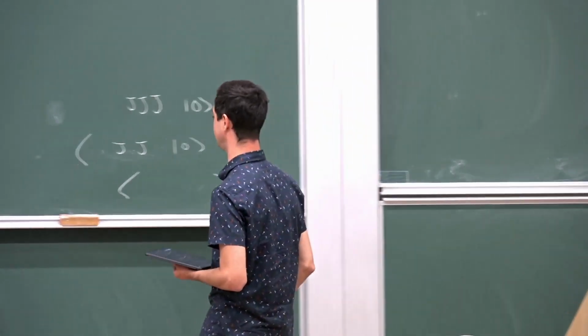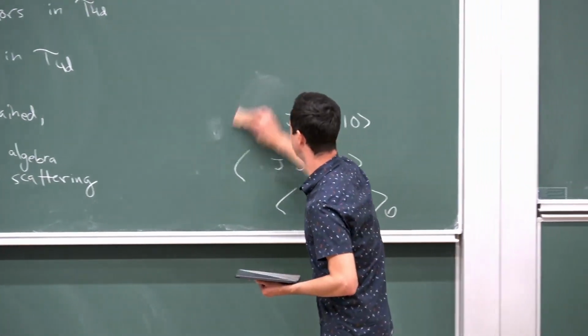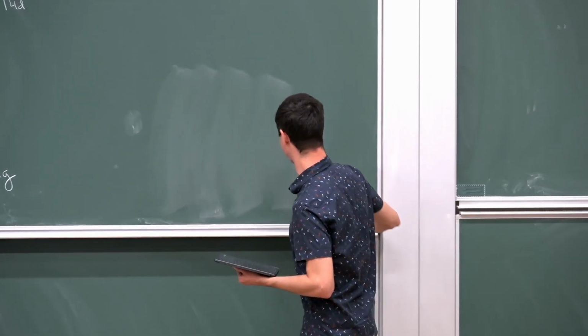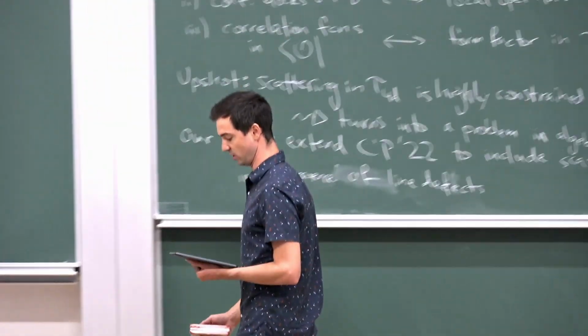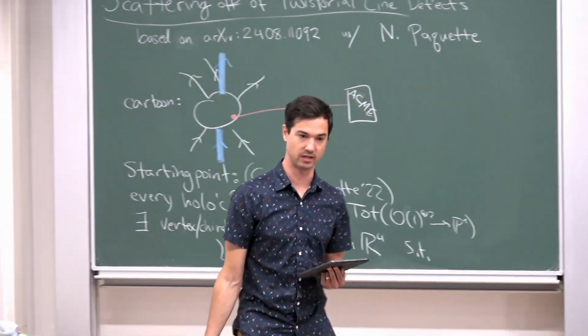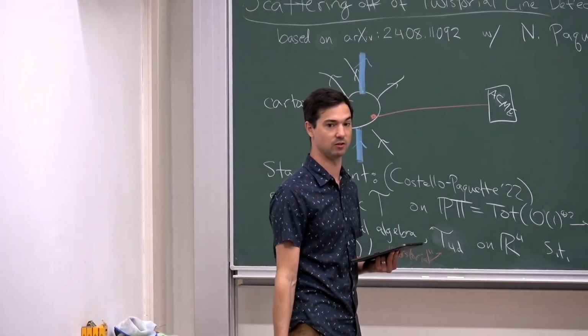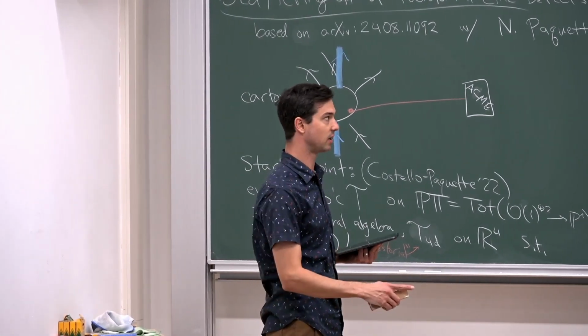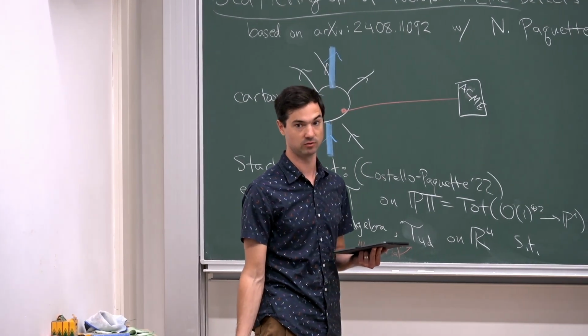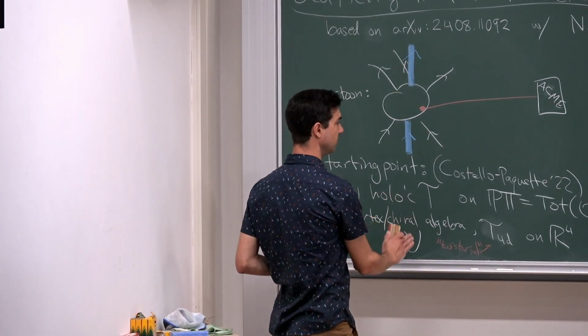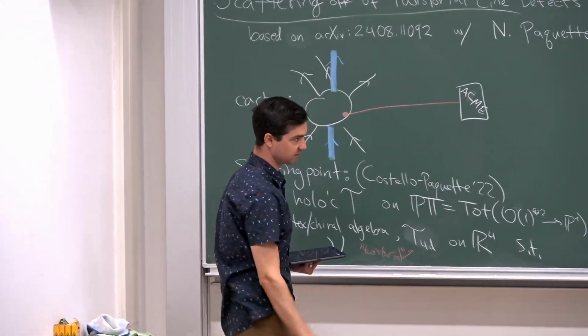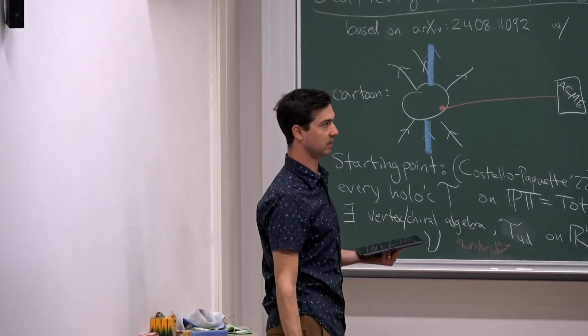Okay, I probably won't be able to describe that here, but one nice application of this framework that we were able to develop is to reproduce some nice scattering amplitudes found by Lionel Mason, Roland Bittleston, and Tim Adamo for a particular choice of theory T and a twistorial line defect known as the self-dual dyon.